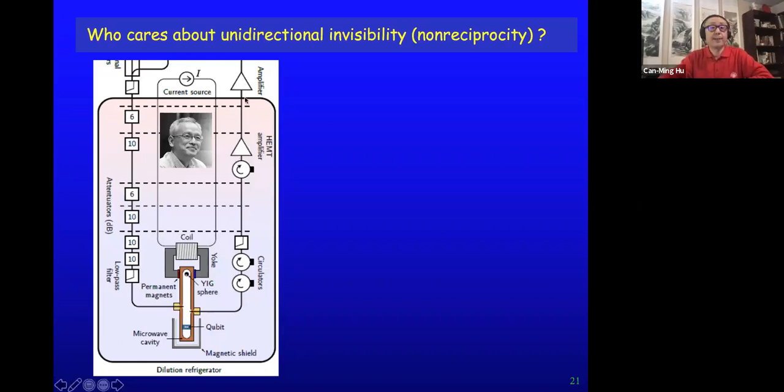But you don't want any microwave signal going back to your quantum system to destroy the quantum states. So what you need is a very important device, which is called a circulator, or you can also use an isolator. Basically, it's a microwave diode, which allows the microwave to go from one direction to the other direction.